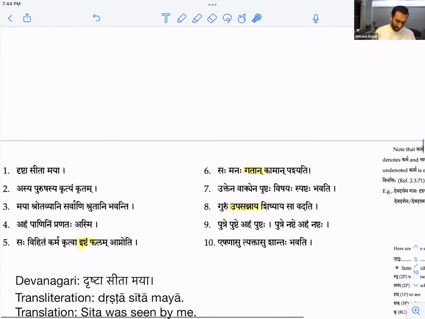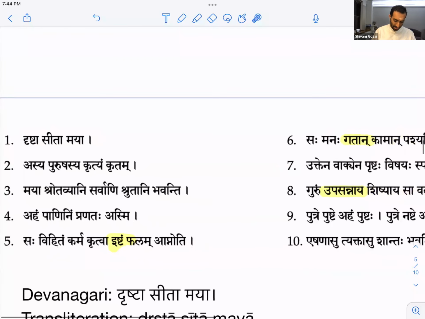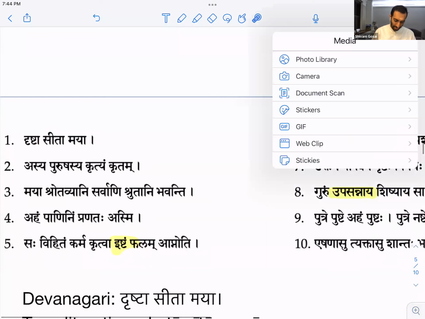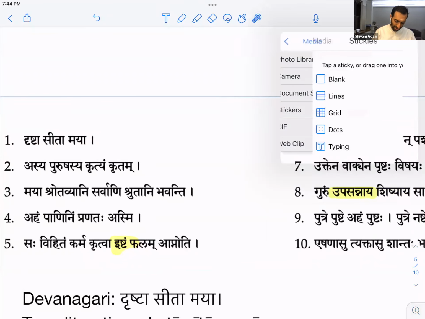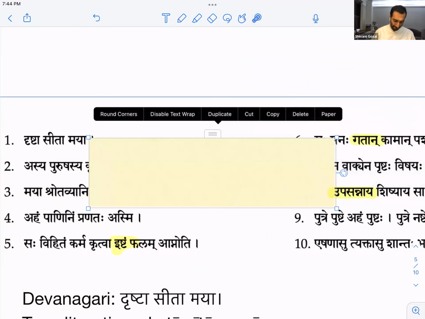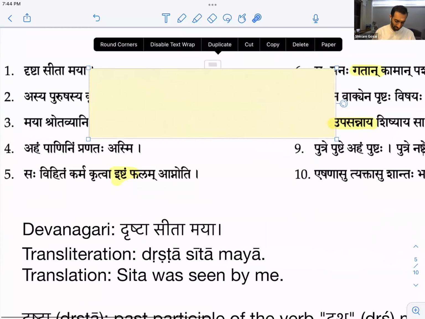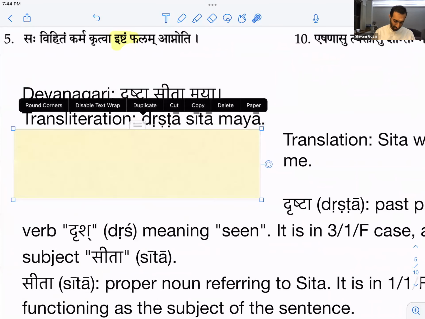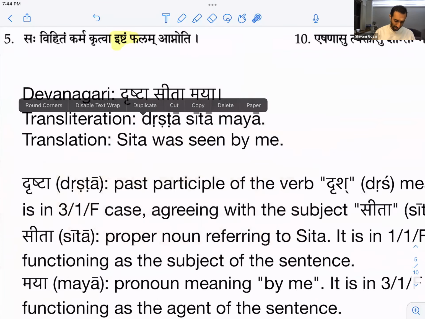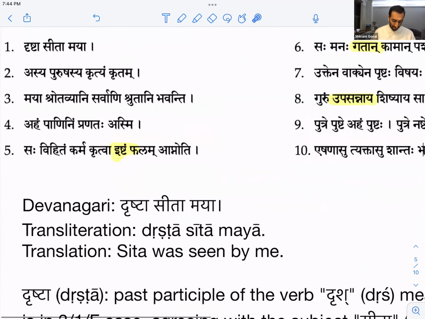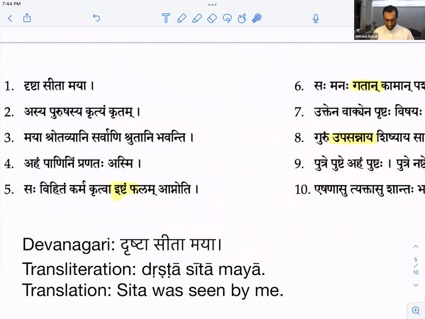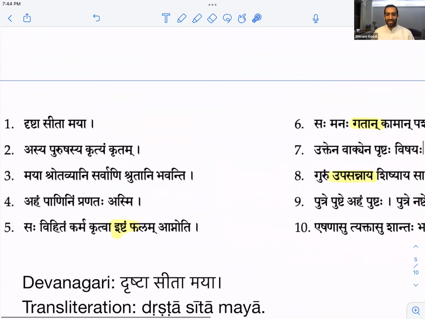Okay, now let's look at these examples here. Let me get some stickies. Oh, I can't cover it up. So we're going to do some examples. If you would like to help me out, you can let me know.